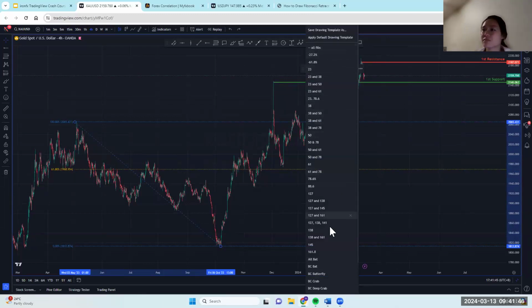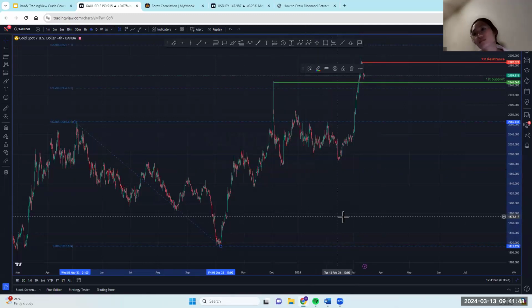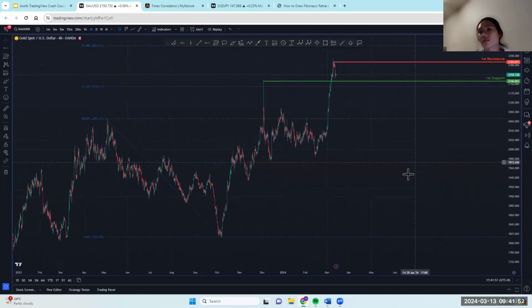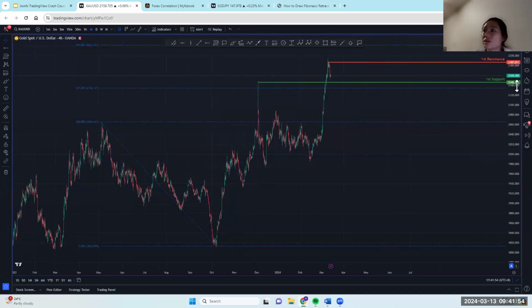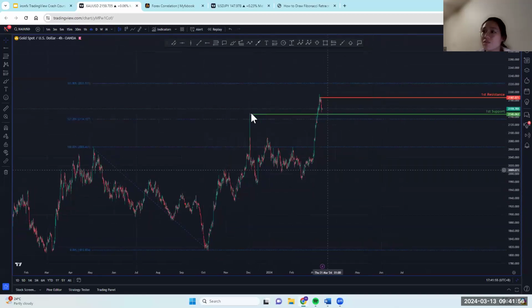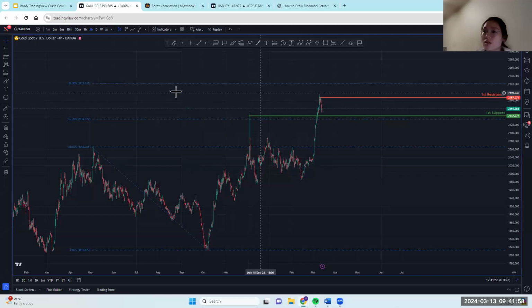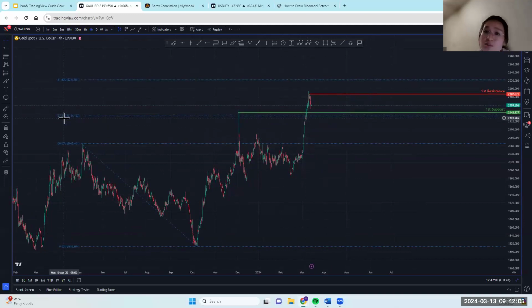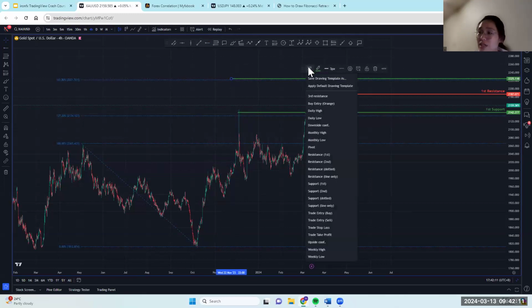Okay, so here we can see that my 127.2. Oh wait, okay, because even though this 127.2 lines up with our first support, it's no longer valid because price has already broken out of that area.